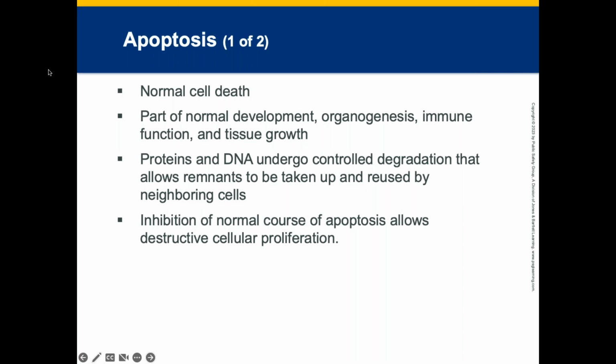So apoptosis, generally programmed into the cell as part of a normal development, we call it organogenesis or immune function and tissue growth. These proteins and DNA undergo controlled degradation and also allows their remnants to be taken up and reused by neighboring cells.